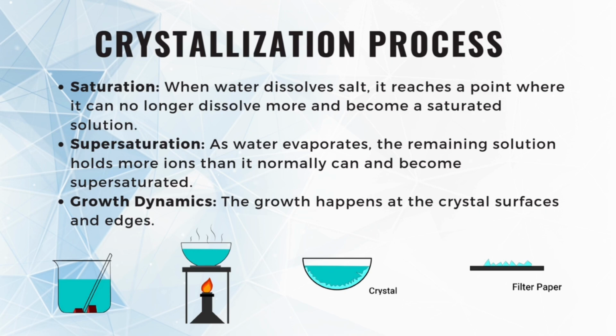As water evaporates, the remaining solution holds more ions than it normally can and becomes supersaturated, leading to crystal nucleation. Thus, the ions tend to return to a solid state by attaching themselves to any available crystal surface, leading to crystal growth. Third, growth dynamic. The growth happens at the crystal surfaces and edges, where the ions attach to specific lattice positions, enhancing the crystal's cubic geometry.